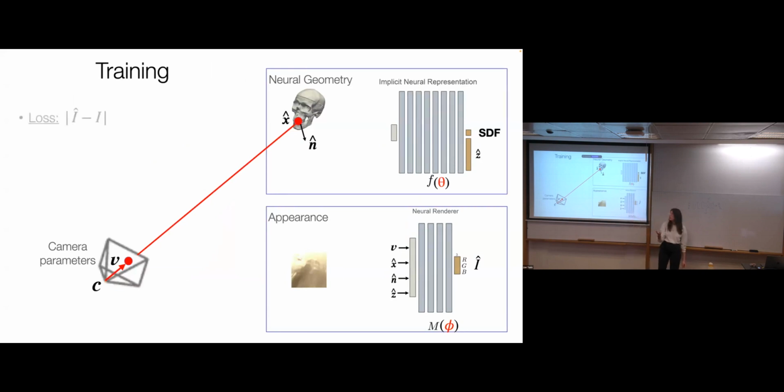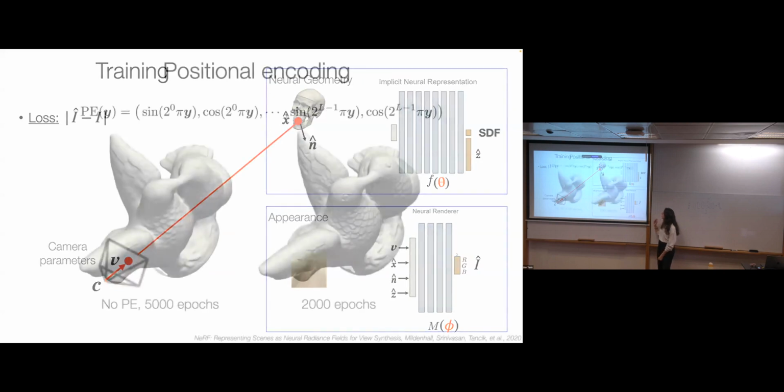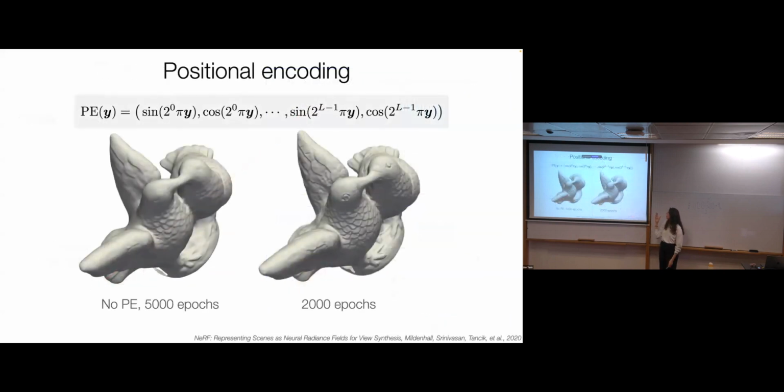The idea is that you want to add high frequencies to the network by inputting sines and cosines of different levels of frequencies. Merav mentioned that neural networks sometimes struggle to learn high frequencies in early steps.